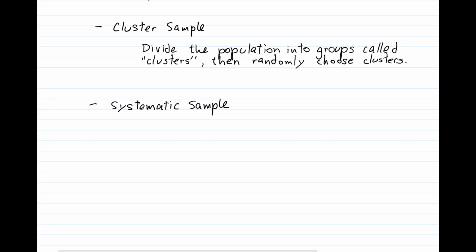So let me write that down. You list out the population. Doesn't matter how you list it. It doesn't have to be alphabetical order or anything like that. You just list it out. Okay.